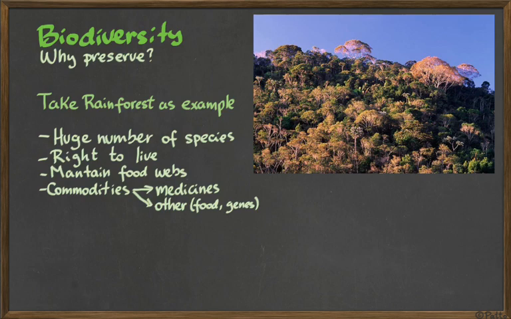So it was something that was in one wild tomato there in Mexico that suddenly revolutionized the tomato food industry. So commodities are something that we should preserve because tropical rainforest or any place that has species, one of those may be the answer for a problem that we have as humanity.